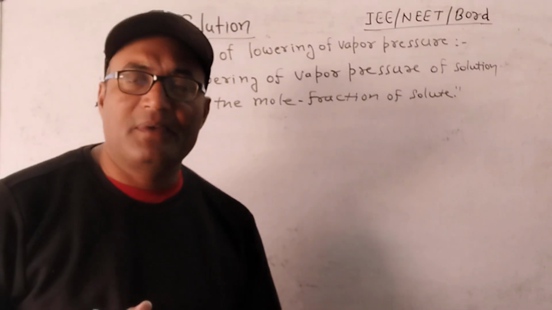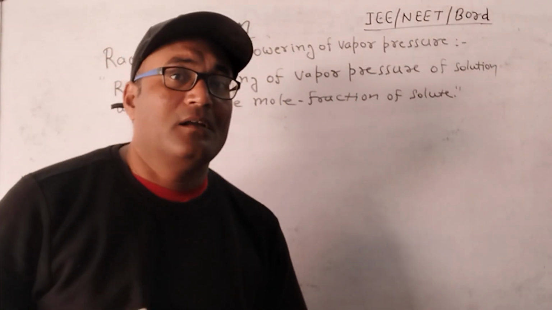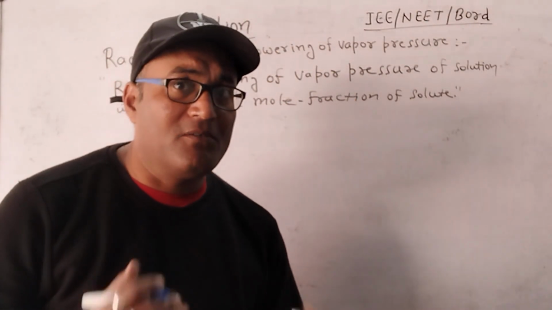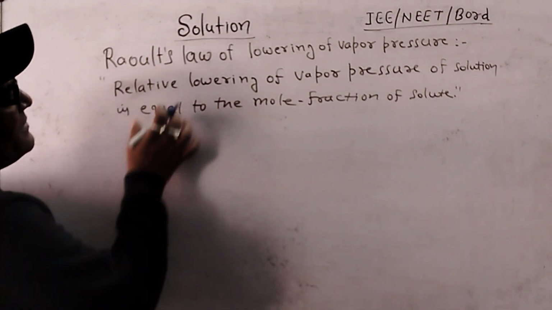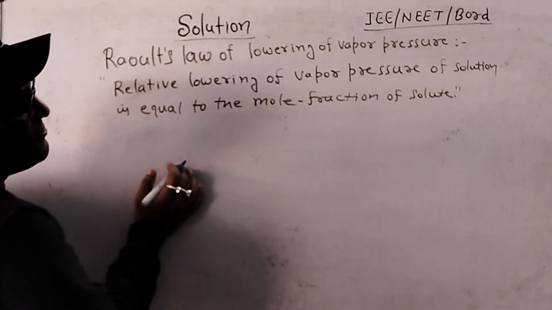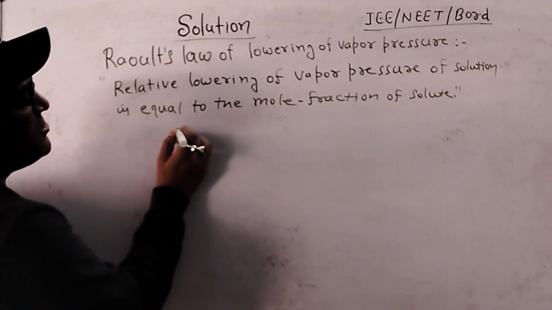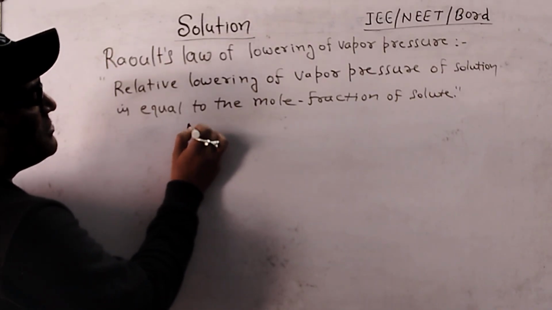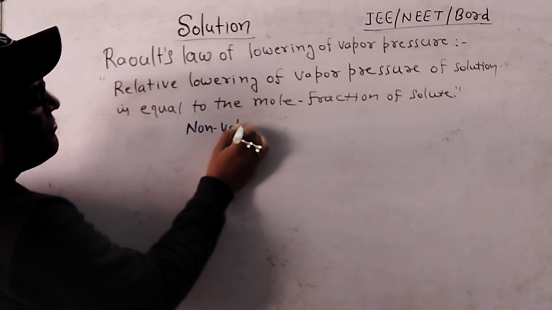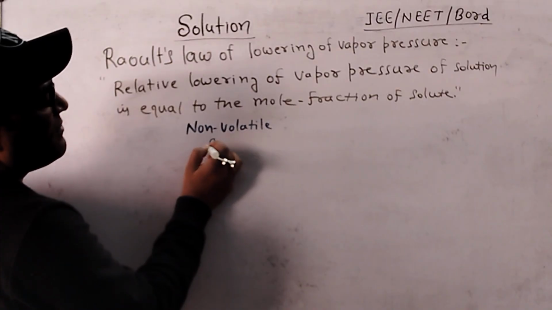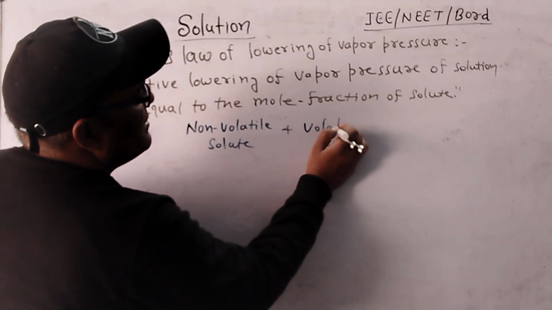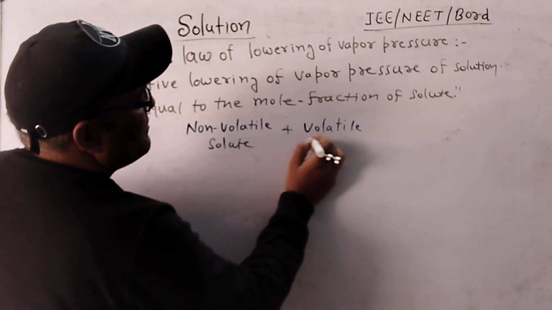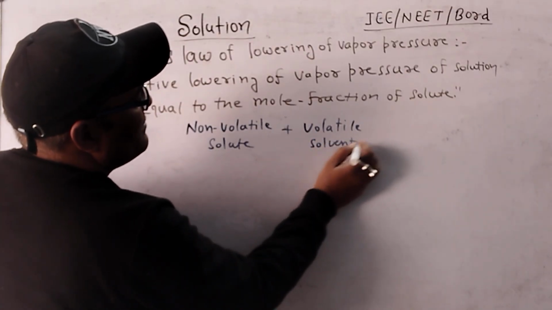With an experiment we can easily understand what lowering of vapor pressure and relative lowering of vapor pressure are. Raoult's law is applicable for solutions composed by mixing a non-volatile solute with a volatile solvent.